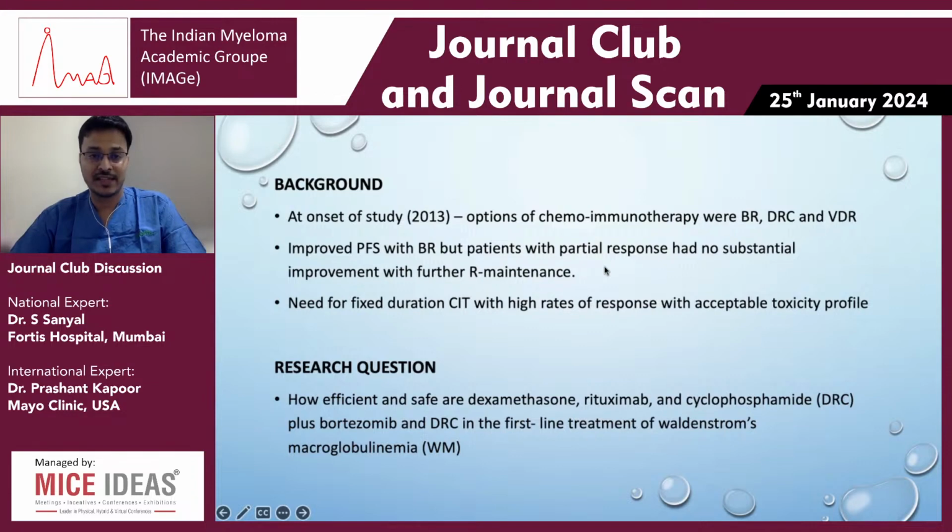What was shown is that there was an improvement in progression-free survival with bendamustine rituximab, but those patients who had partial response had no substantial further improvement with rituximab maintenance. So there was a need for a fixed-duration chemoimmunotherapy with high rates of response and an acceptable toxicity profile. So the research question was: how efficient and safe is DRC plus bortezomib as compared to DRC in the first-line treatment of Waldenstrom macroglobulinemia?